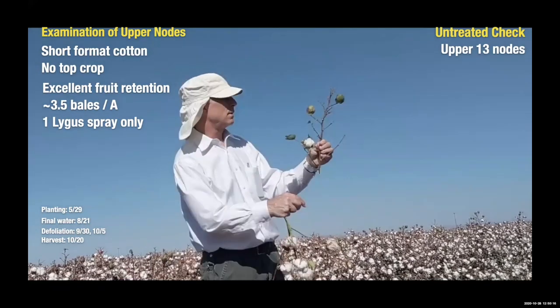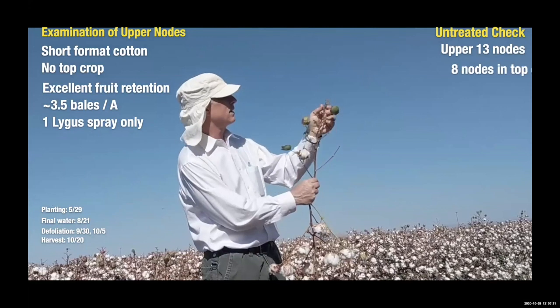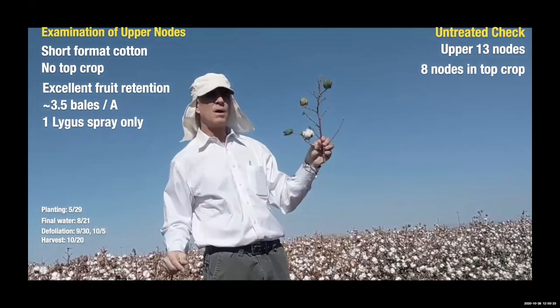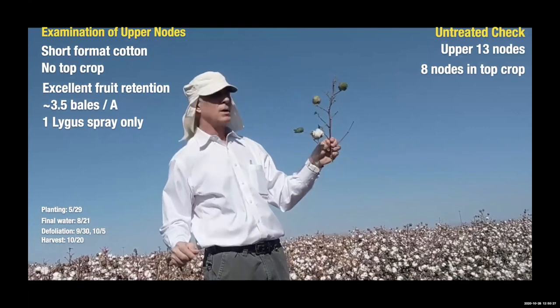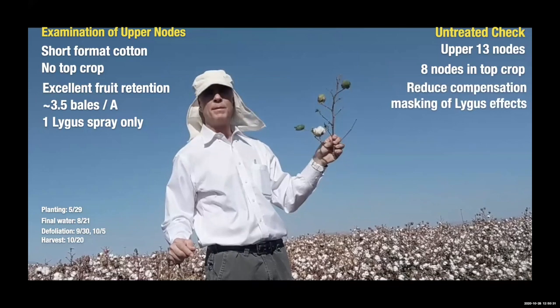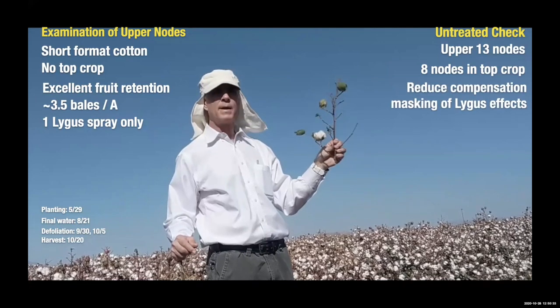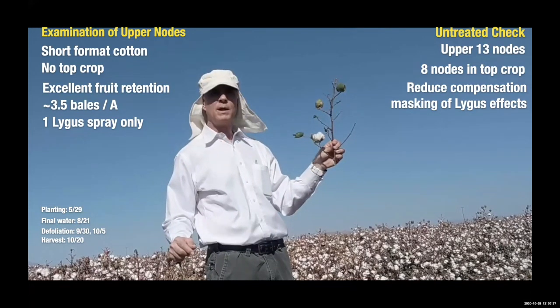All these nodes, 1, 2, 3, 4, 5, 6, 7, 8 of those 13 nodes are in the secondary fruiting cycle. Our goal again was to make sure that that didn't become productive, because if it did, that would allow the untreated check to compensate after lygus have left the field and dilute our efforts in screening lygus chemistry.